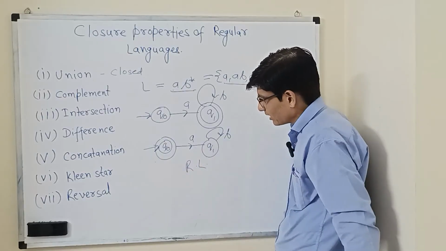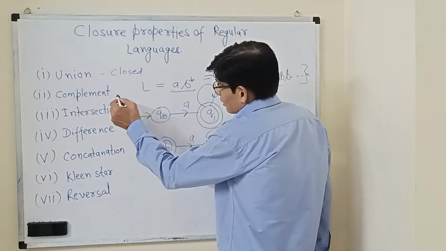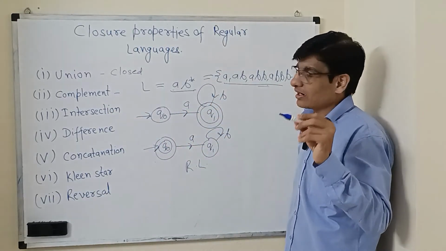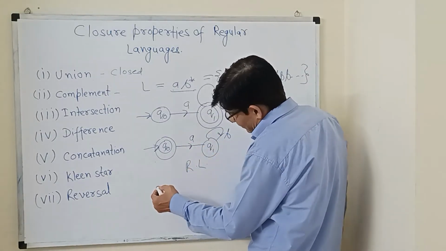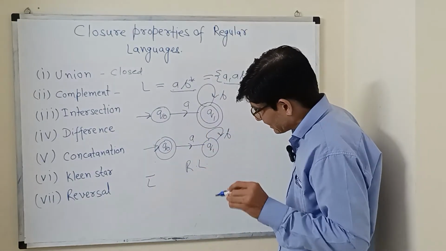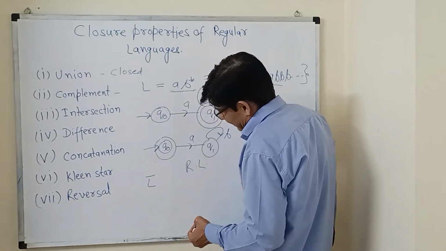So we can say the complement of any regular language is again a regular language. The complement of any language L, any regular language L, we can represent as L bar.